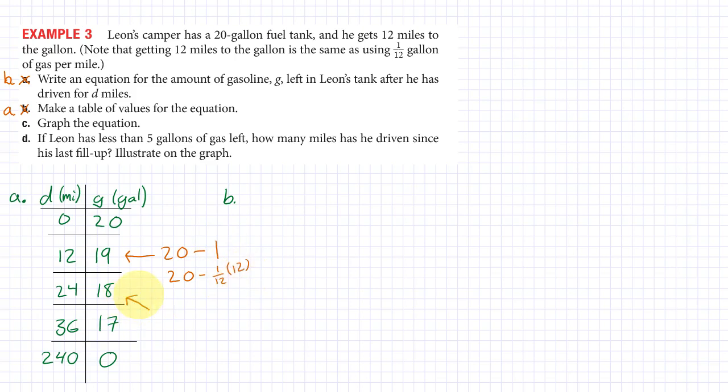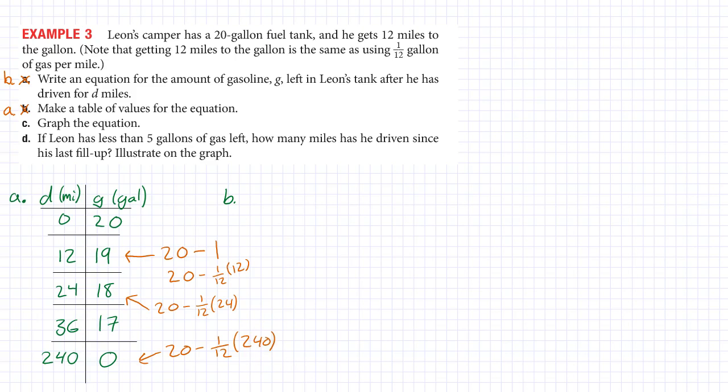Likewise here, if you do 20 minus 1/12 times 24, that 1/12 times 24 is 2. That means you've used 2 gallons. And that should keep going on here. If you do 20 minus 1/12 times 240, that result will be 0. So that's the equation that we want to use.